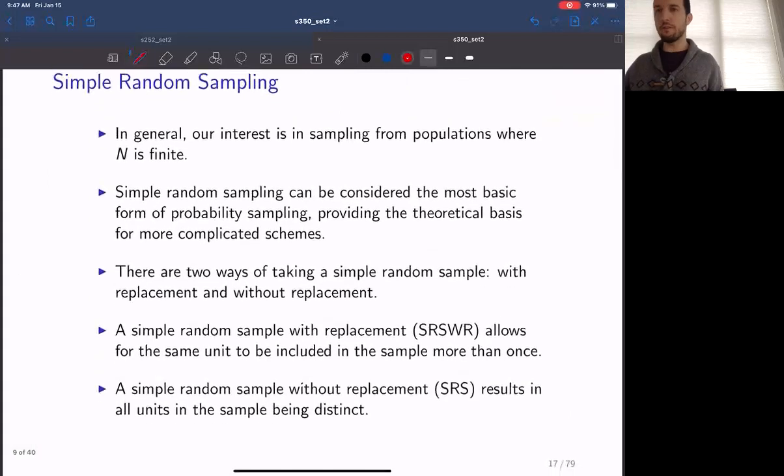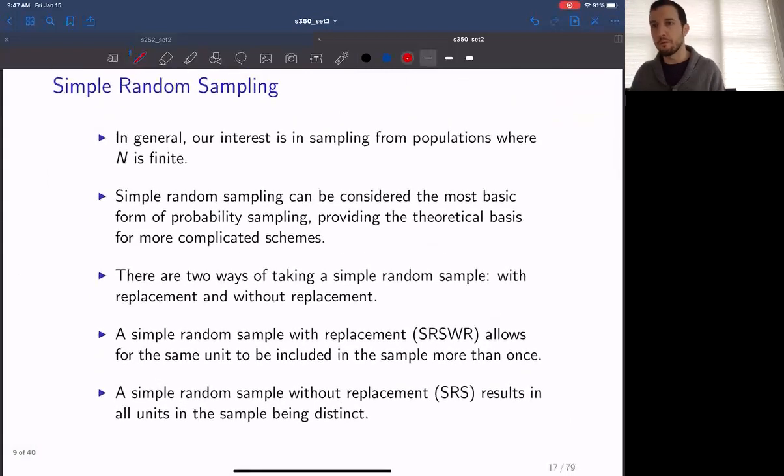Okay, so let's just finish off by talking a little bit about what simple random sampling is. At this point, we have talked about the idea of probability sampling in general.